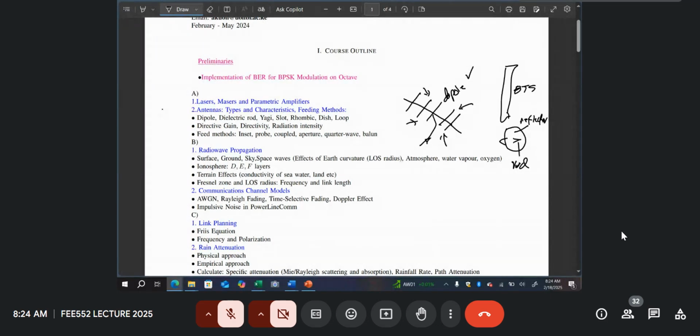The question that may come is, if this diameter here is, let's say, 60 centimeters, and you have another dish antenna whose diameter is 1 meter, which one do you think will have a higher gain, G1 or G2?